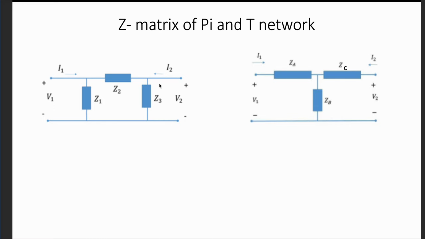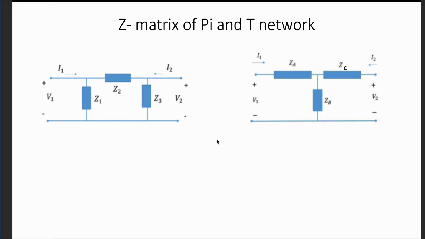So we will solve it for a general case. That's why I have taken Z1, Z2, Z3, all the impedances different. And similarly in the case of the T network I have taken all the impedances different: ZA, ZB and ZC.